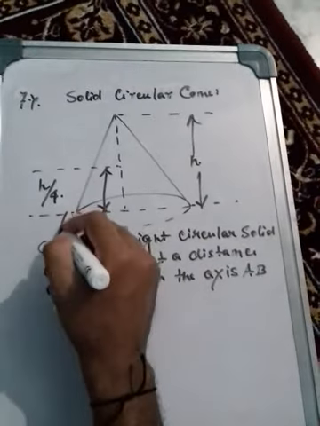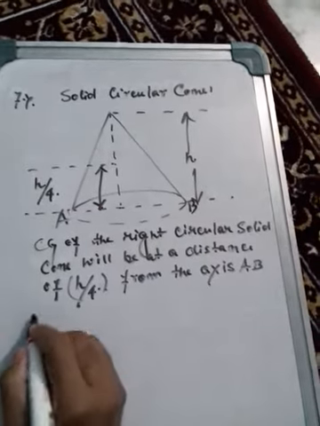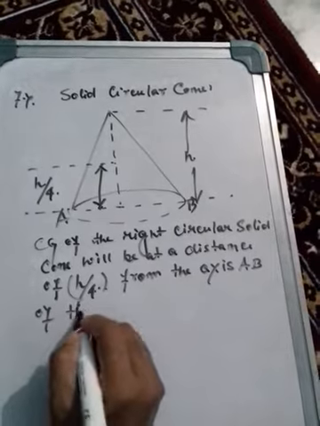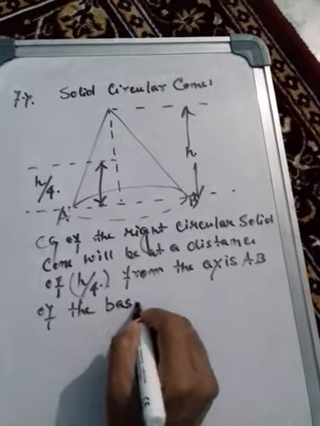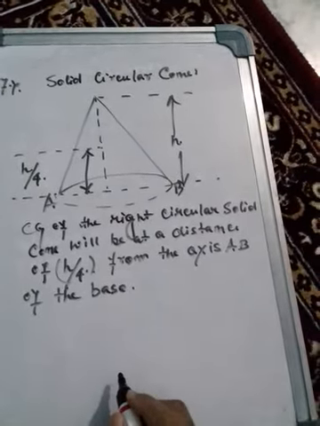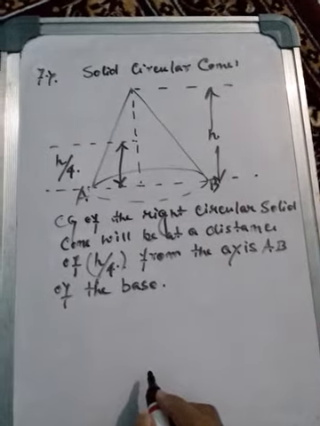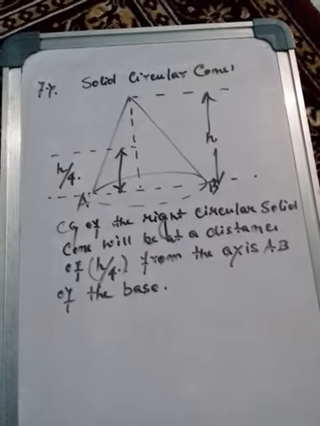You can name it as AB. Okay, so this is about the solid circular cone.